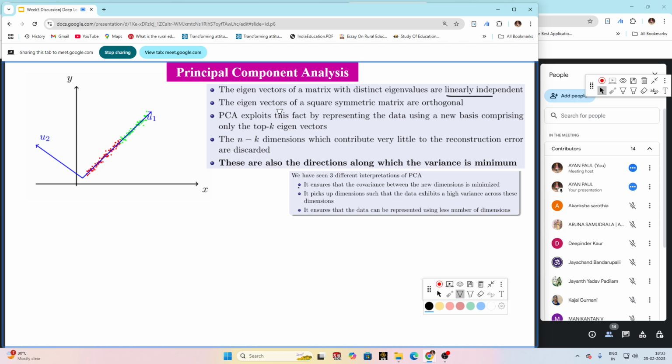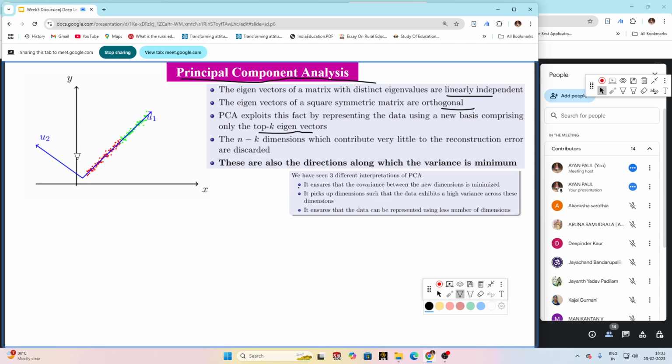We have just seen that the eigenvectors of a square symmetric matrix are orthogonal. We have again seen that in the previous theorem. So PCA, or principal component analysis, exploits this fact by representing the data in a new basis comprising the top k eigenvectors.